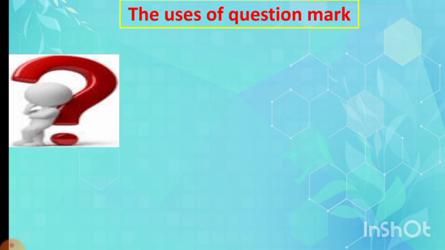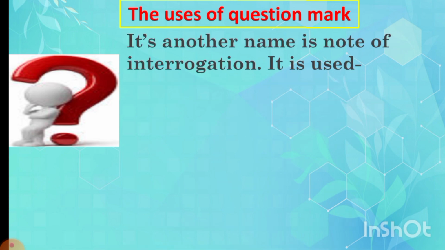So now we will learn the uses of the question mark. Its another name is note of interrogation. If this is the first time you know it, you have to memorize it. Its alternate name is note of interrogation.